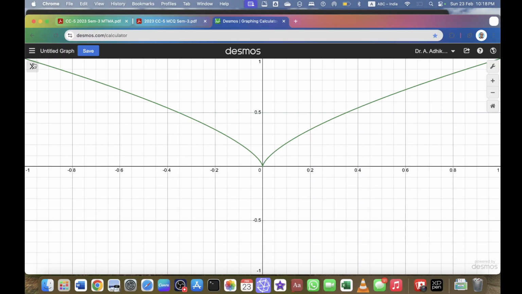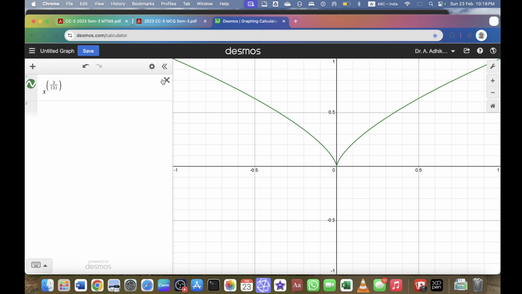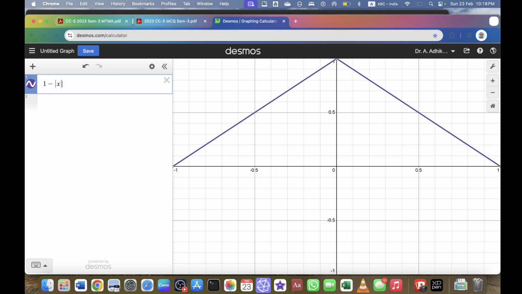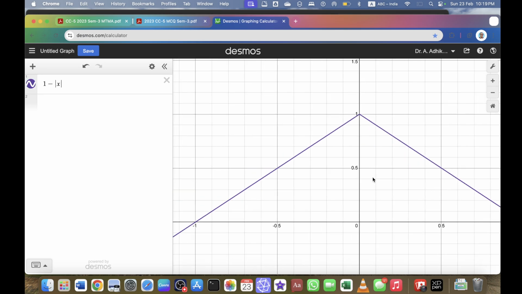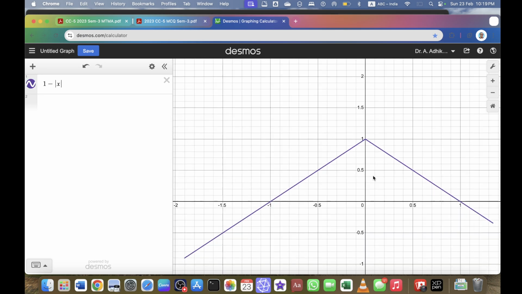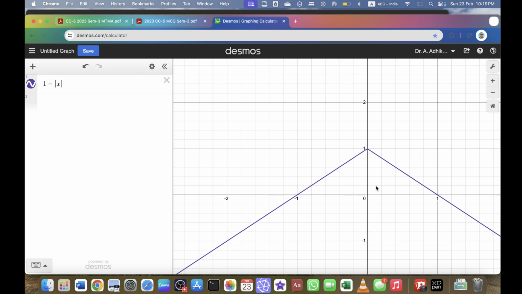One minus mod x. And this is the graph, so the function is not smooth at the point x equal to 0, this point.